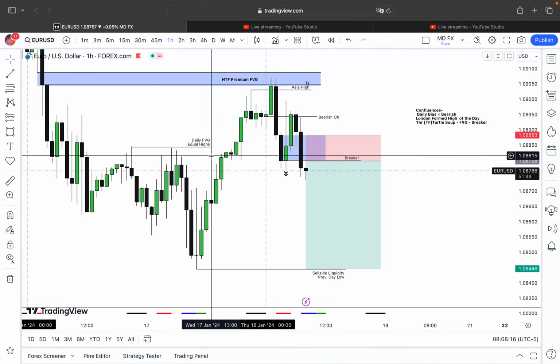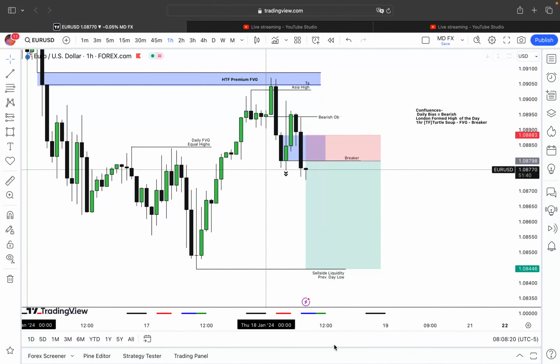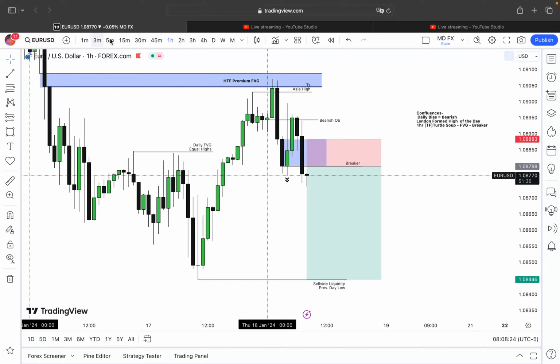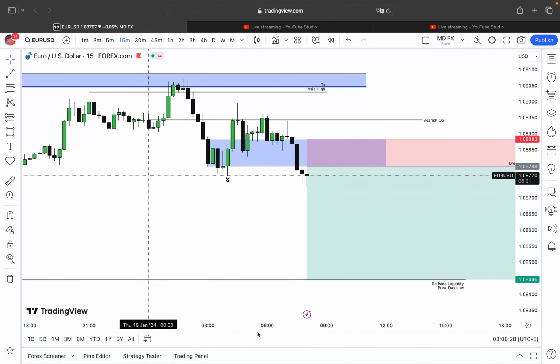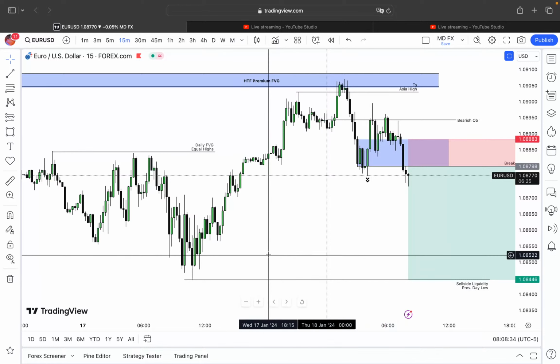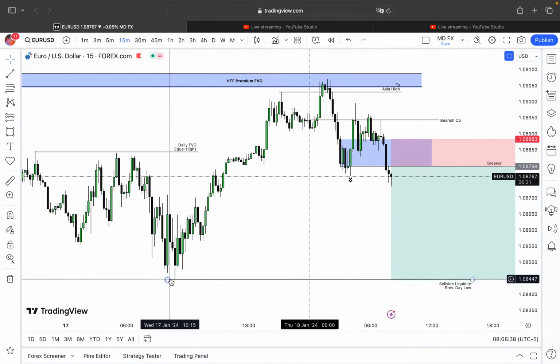What we're going to wait for now is a retracement back into this breaker and a sell. And on the 15-minute time frame, that's it tagging the bearish fair value gap.